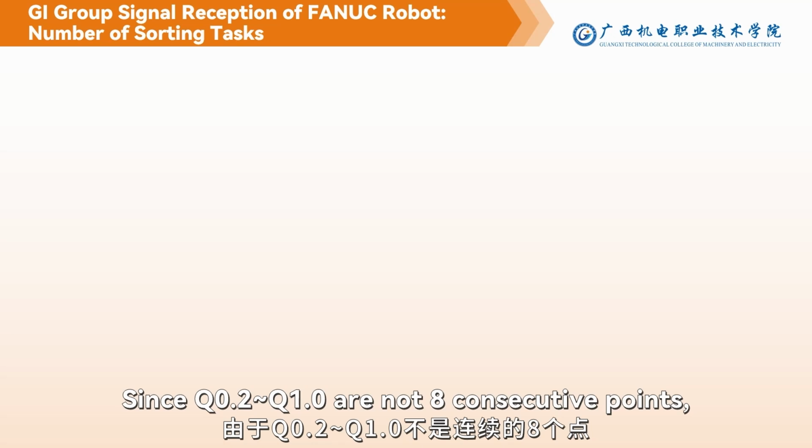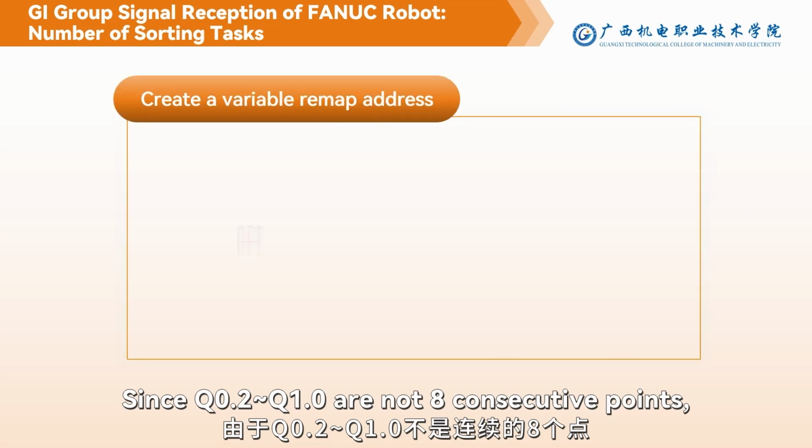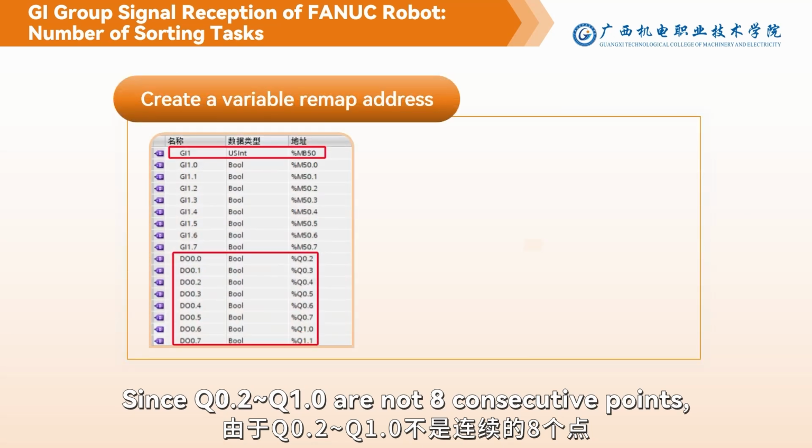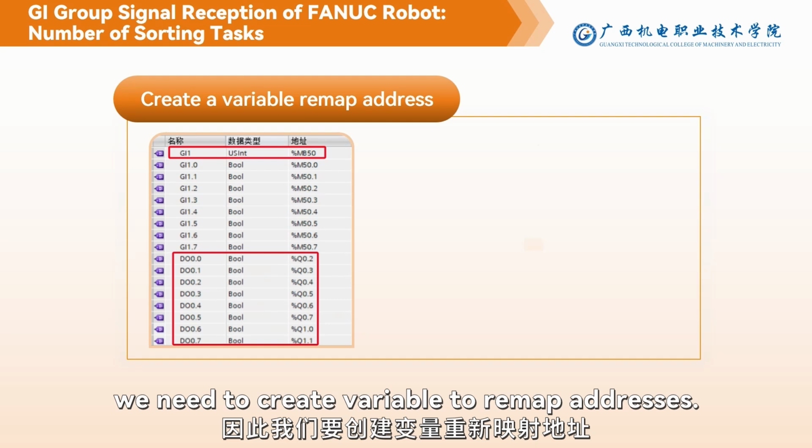Since Q0.2 to Q1.1 are not 8 consecutive points, we need to create a variable to remap addresses.